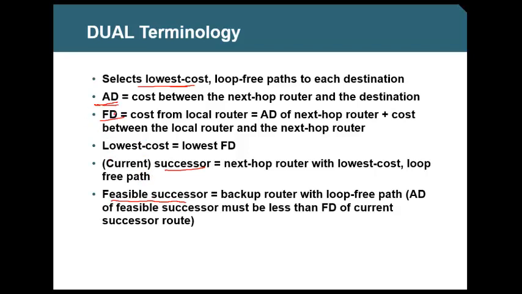Advertised distance is the metric to reach the destination, for whom? For our neighbor. Repeating again. Advertised distance of R1 to reach a network here. Let's say the network is 1.1.1.1.